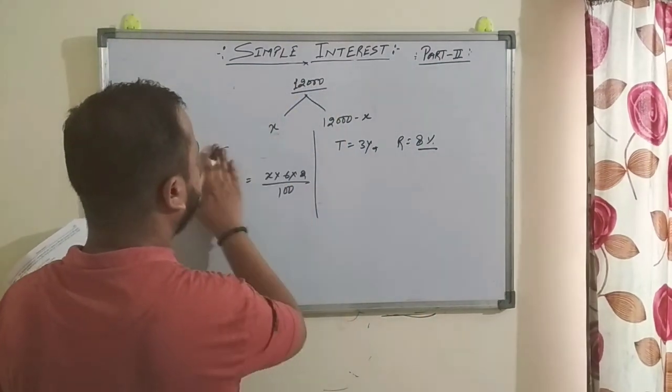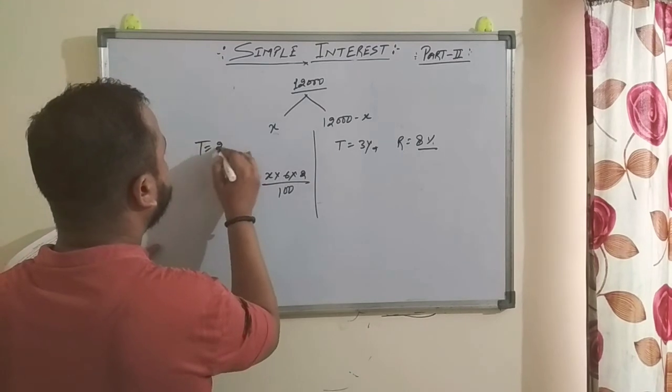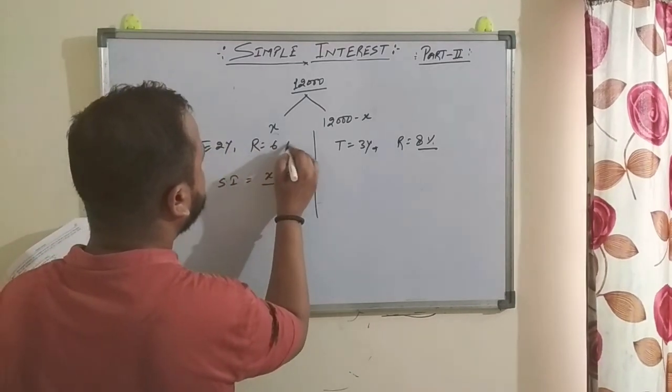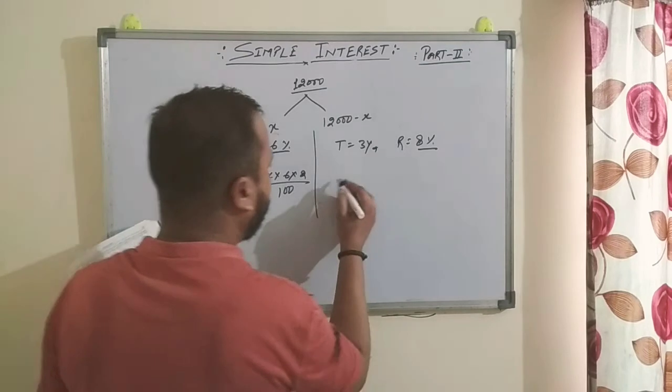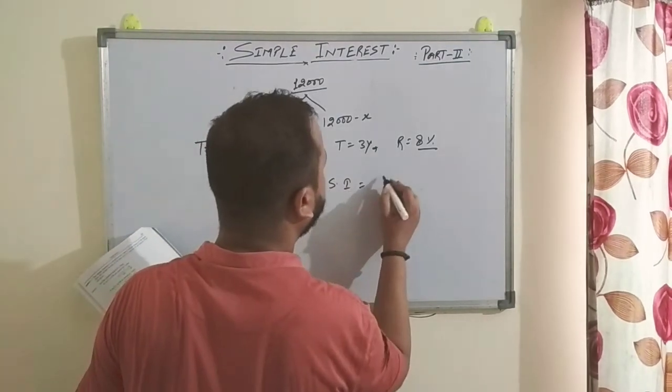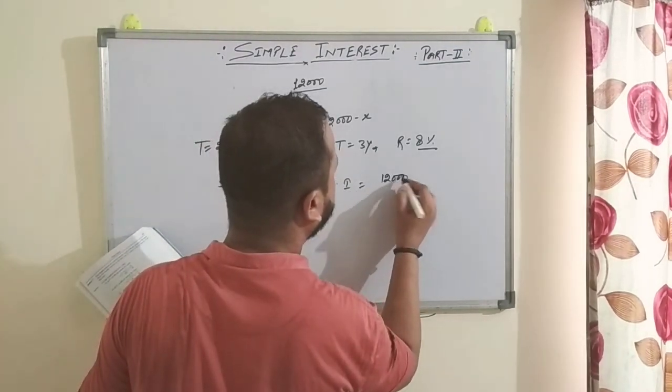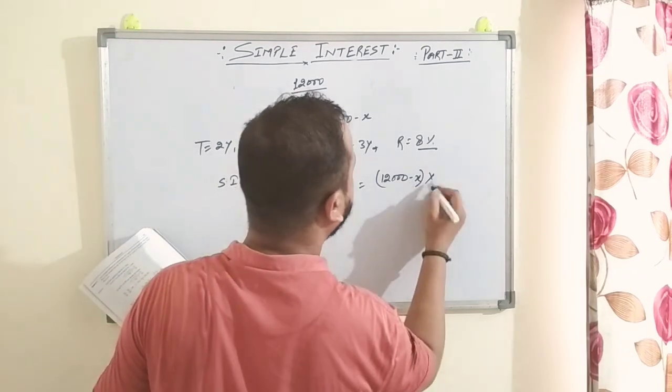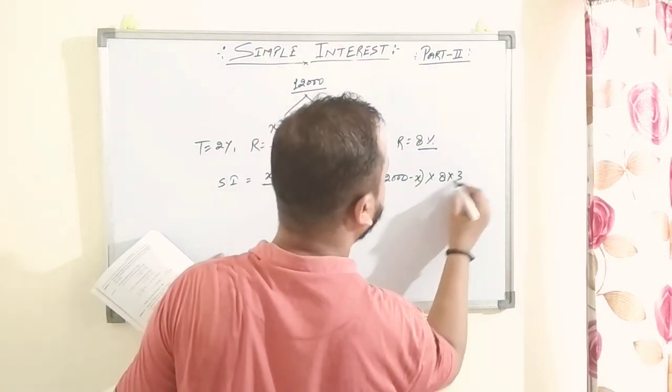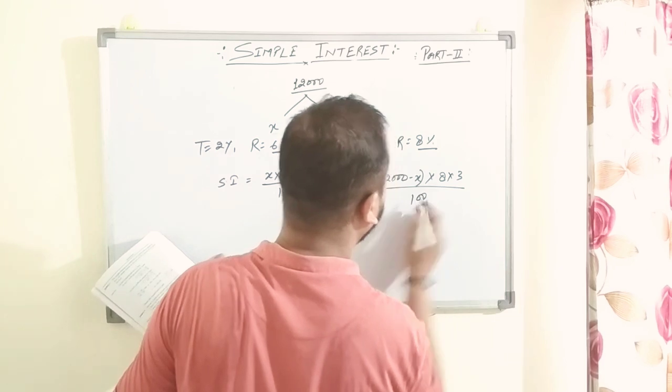Time is 3 years, rate is 8%. So SI is what? 12,000 minus x multiplied by 8 into 3 upon 100.